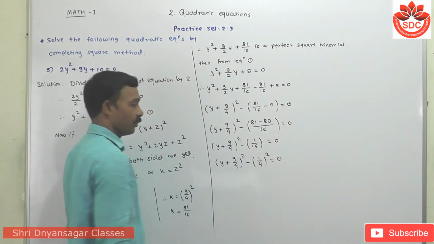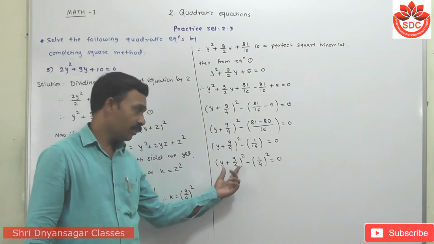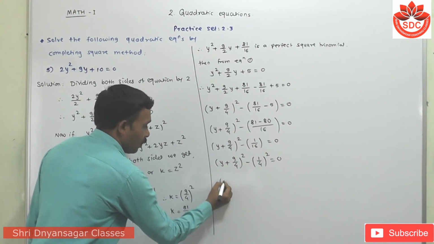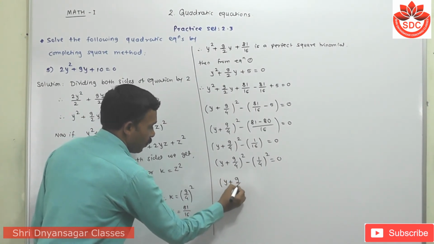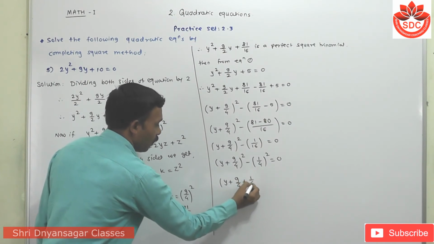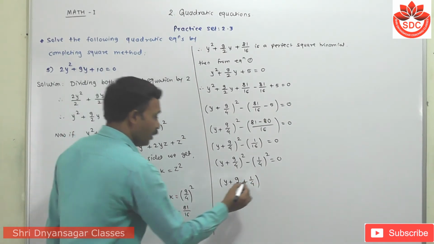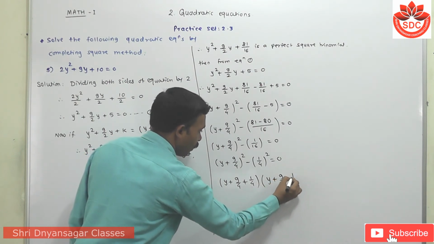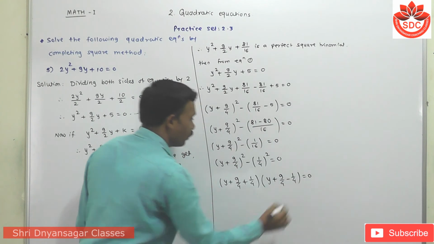Is equal to 0. We use the identity a square minus b square, meaning y plus 9 upon 4 plus 1 upon 4, another bracket y plus 9 upon 4 minus 1 upon 4 is equal to 0.